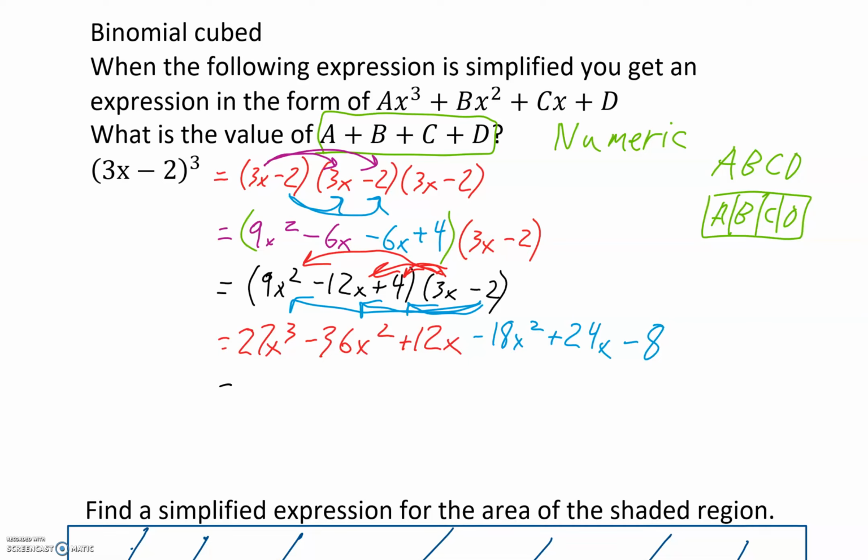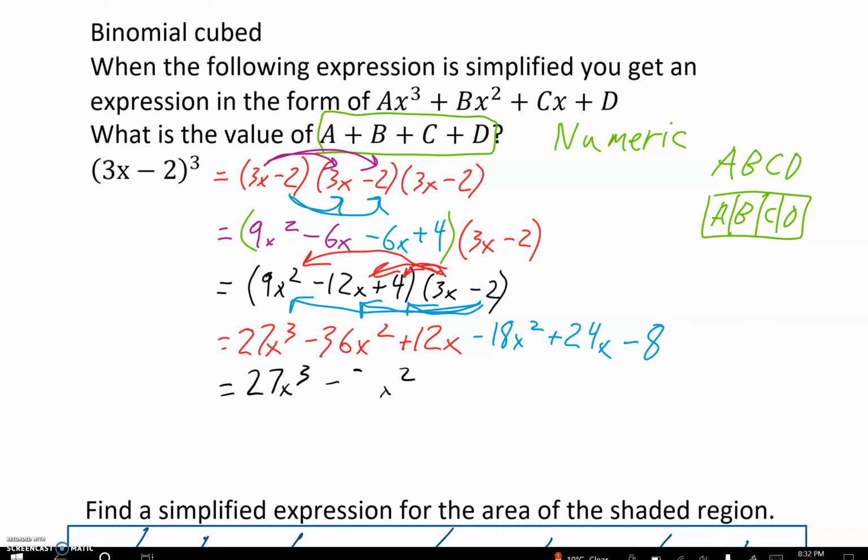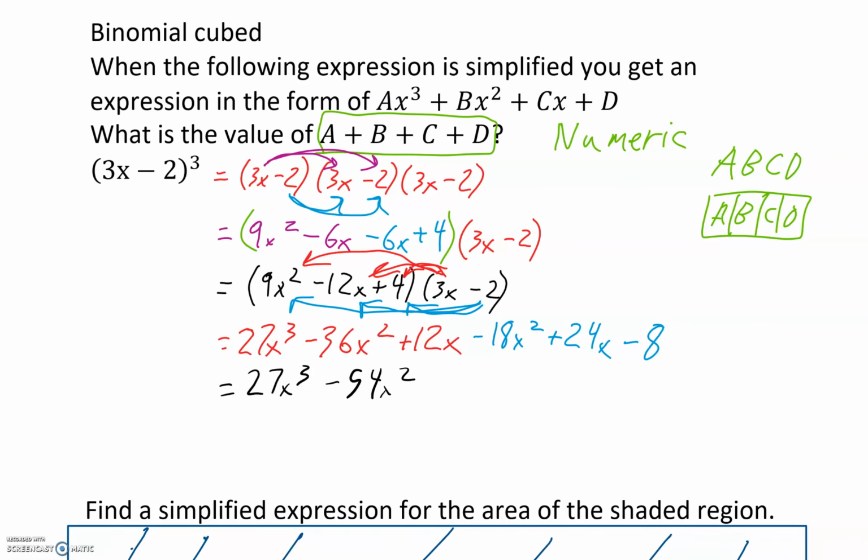Again, combining like terms, we get 27x cubed minus 54x squared plus 36x minus 8. Okay, and then a plus b plus c plus d.